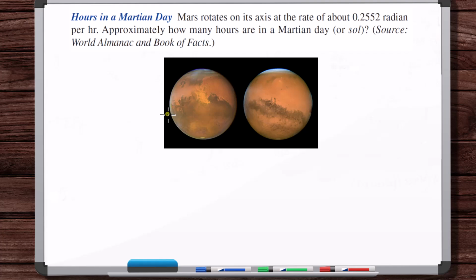Okay, so we have the angular velocity of Mars rotating about its axis, 0.2552 radians per hour, which is technically just per hour. The radians are unitless. Okay, so approximately how many hours are in a Martian day?